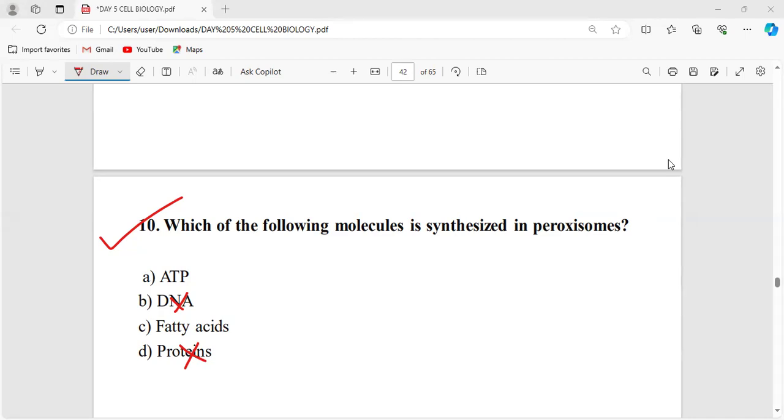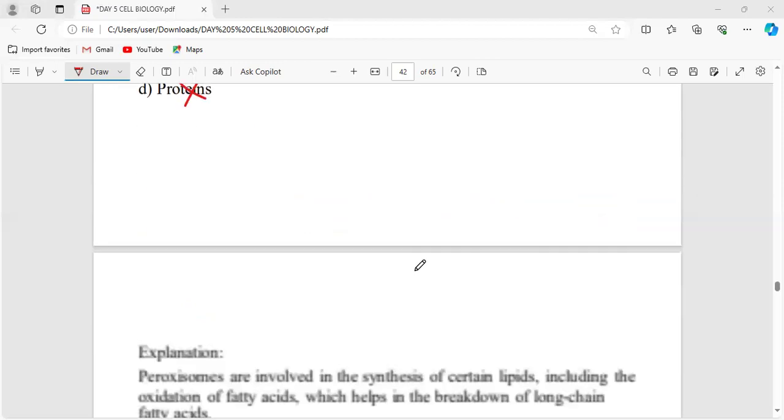Generally, ATP production is involved only in mitochondria, but not in the peroxisome. So, what will be produced in case of peroxisome? That will be the fatty acids.